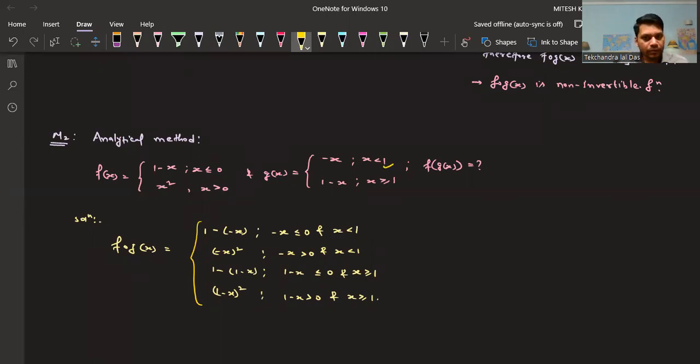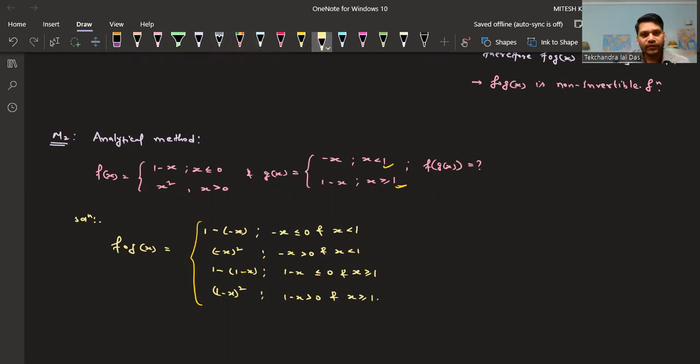Again we put this value in the square part and keep the same thing, again intersecting with x less than 1. Same thing with the other branch: we put 1 minus x, so 1 minus x less than or equal to 0 and intersect with this domain. Again here (1 minus x) whole square, for 1 minus x greater than 0, and intersect with this value again.